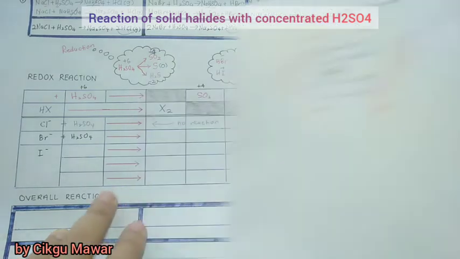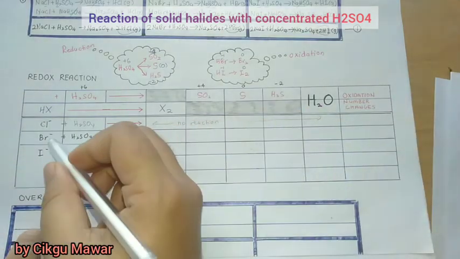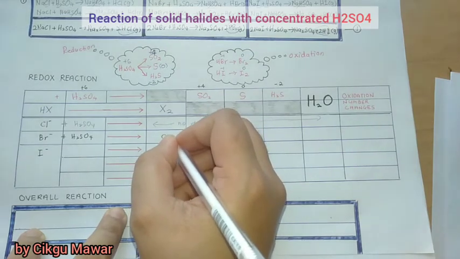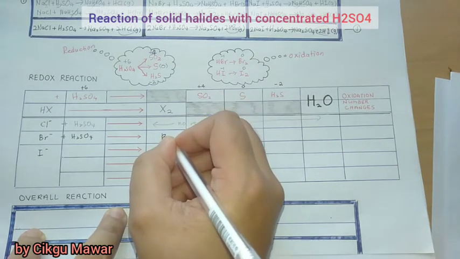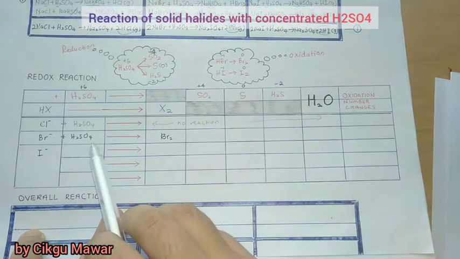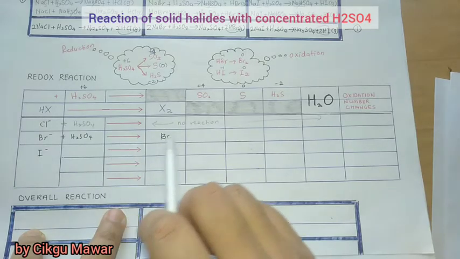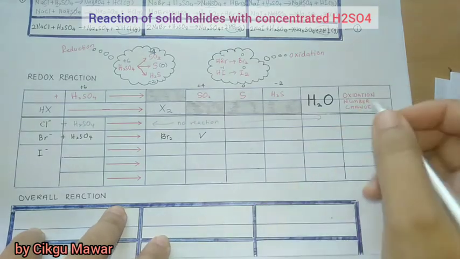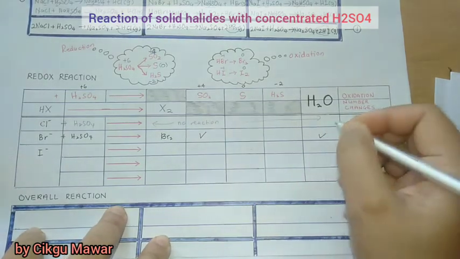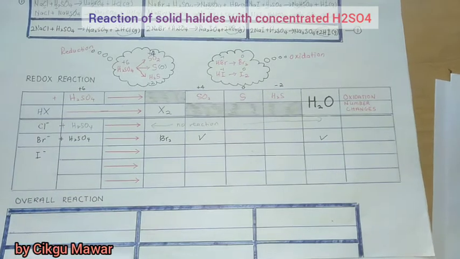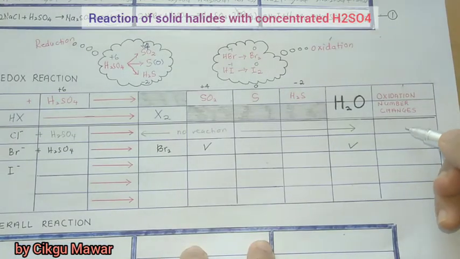So bromide will be oxidized to form bromine molecule. And how about sulfuric acid? This sulfuric acid is reduced to sulfur dioxide, and it also forms water.